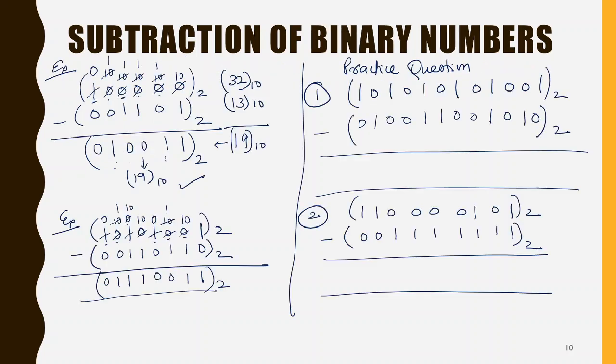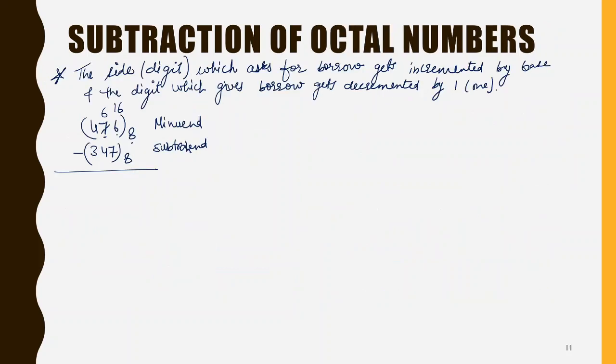If you observe closely, earlier in decimal, if this 0 asks for a borrow, a 1 is added on its left side every time it receives a borrow. This is what happens here also.